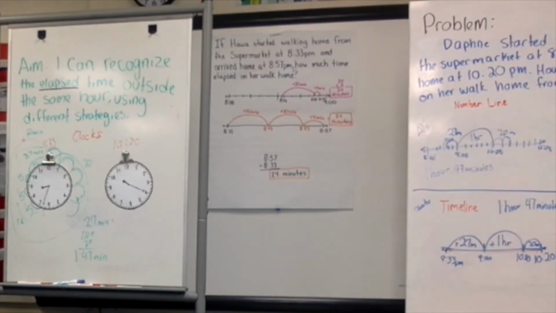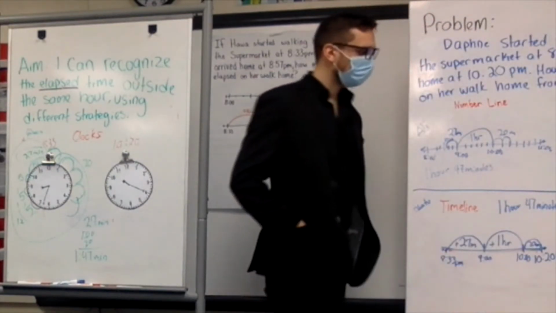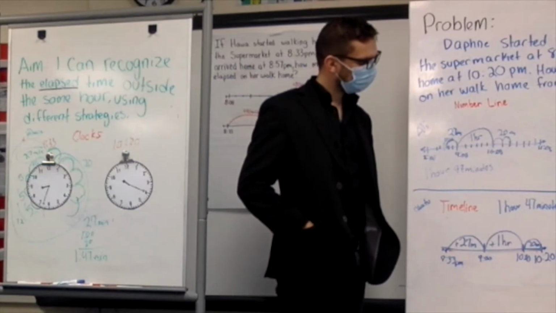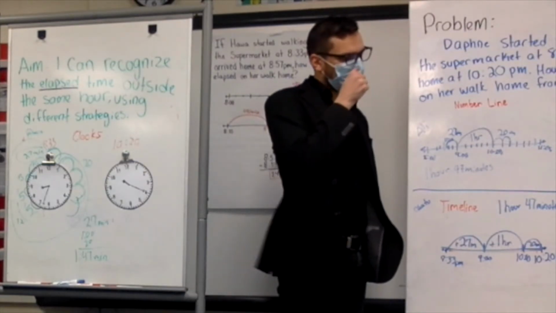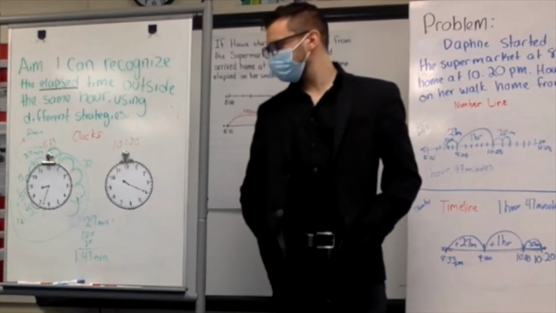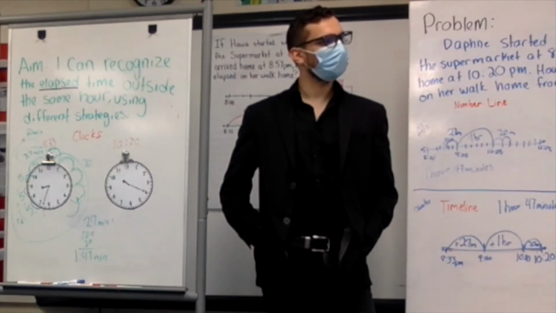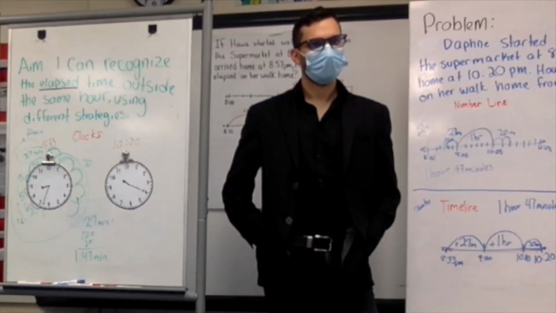Anybody else want to contribute? Hawa? What I would say is that the clock one and the standard algorithm are like the same thing, but different. Because on the clock one, you have to add it, but on the standard algorithm you have to subtract it to get how many hours.